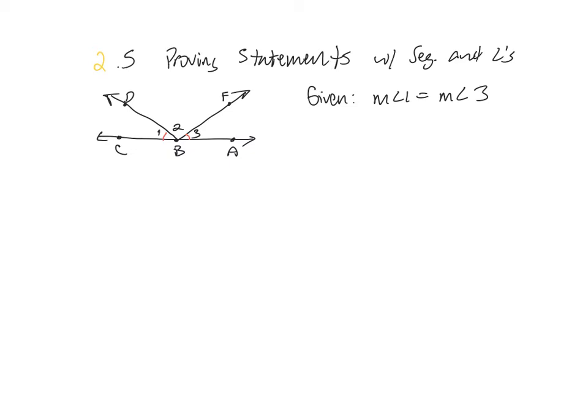And sometimes it might give you more than one thing given, and that's fine. So we're going to prove that measure of angle DBA is equal to the measure of angle EBC.